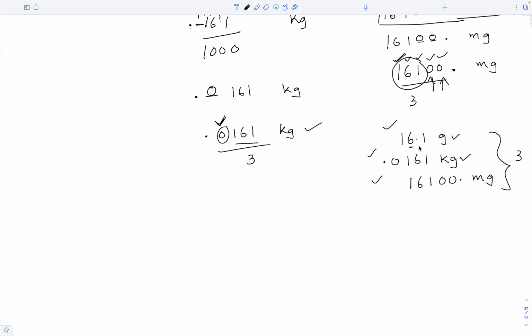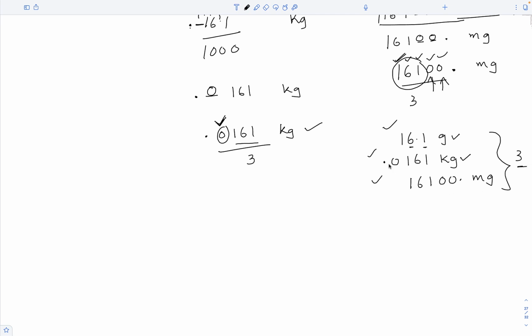Here it is between this 6 and 1, and here it has moved by 3 places to the left of the original place, here 3 places to the right of the original place. But still, these 3 have the same precision and the same number of significant figures.